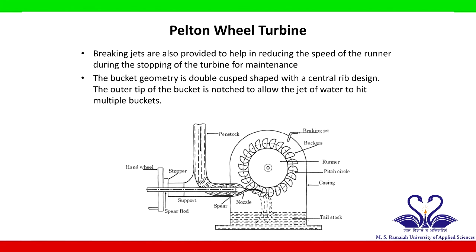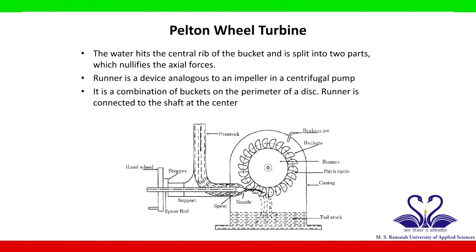The bucket geometry is double cusped, shaped with a central rib design. The outer tip of the bucket is notched to allow the jet of water to hit multiple buckets. The water hits the central rib of the bucket and is split into two parts, which nullifies the axial forces.